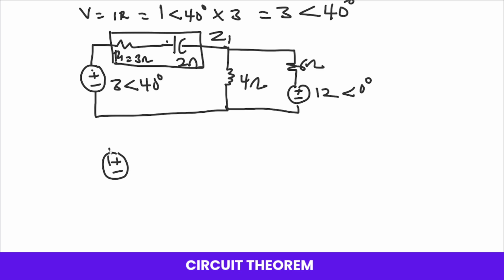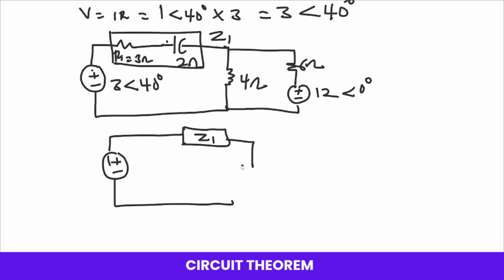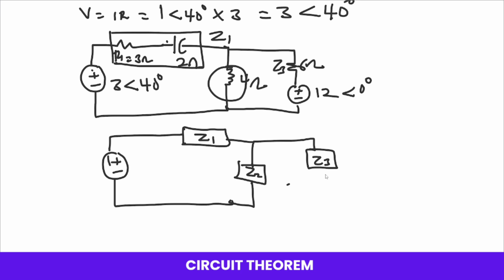I'll name that side Z1. And then this corner I'll have Z2 here. And then finally I have another impedance, let me call this one Z3. And then that is all. Okay, so we have 12 angle 0 degrees.